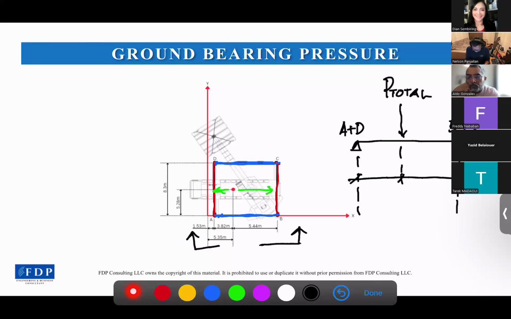And this will be 3.82, and this will be 5.44, correct? And the total will be 3.82 plus 5.44, 9.26. Correct? Is it clear until here?